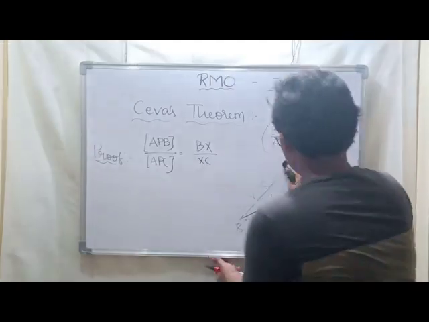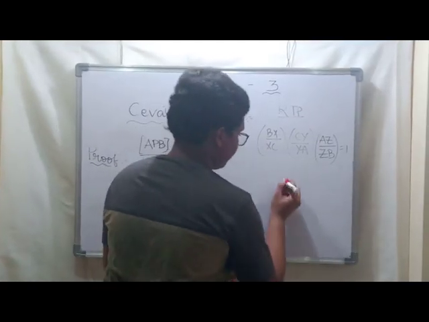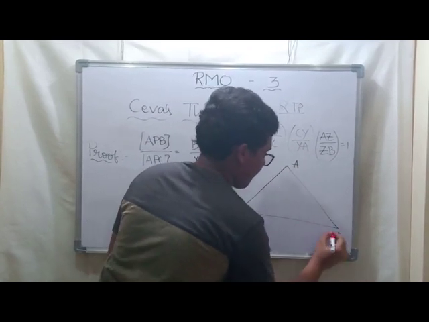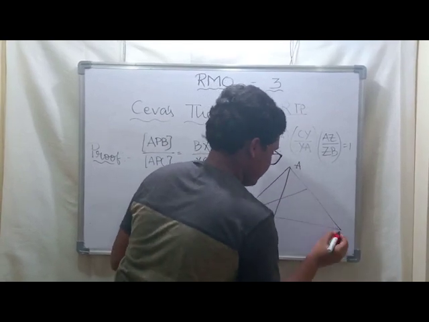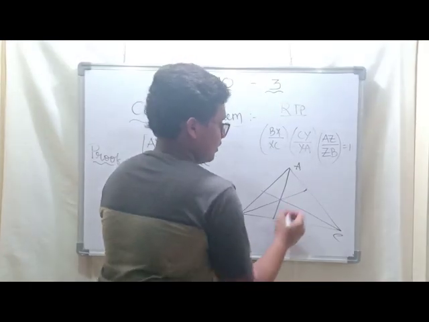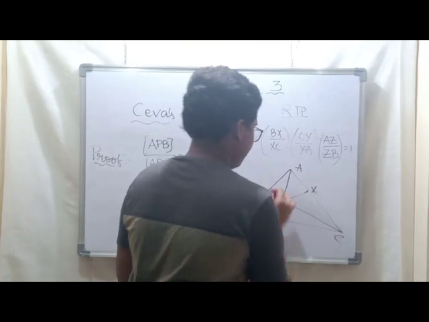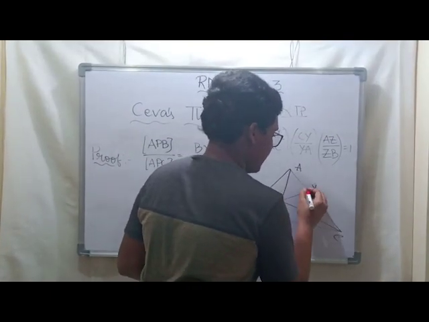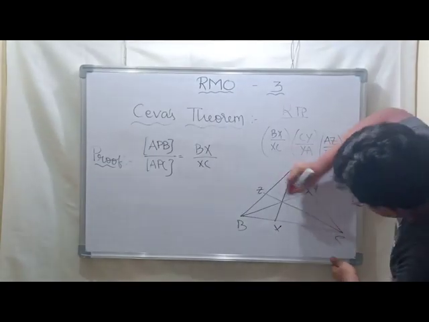I will draw this diagram clearly. Okay, X, Y, Z. X, Y, Z.